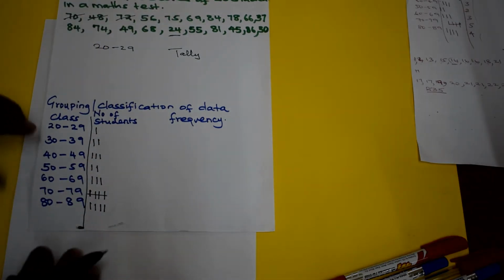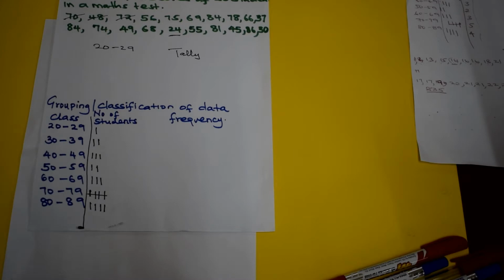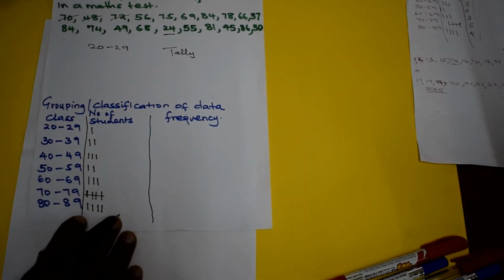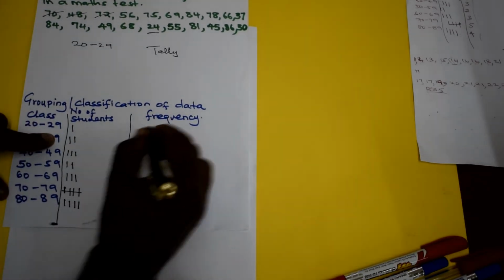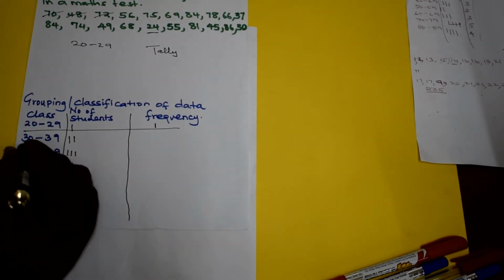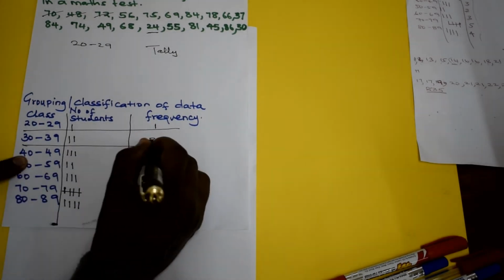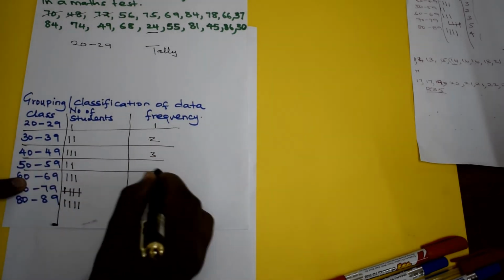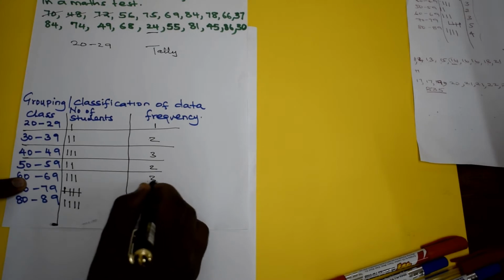So with this now, we can confirm our frequencies. For the frequency, we count what we have got from this. So in the first class here, we have 1. We just do the counting. This will be 2. Then this goes to 3. Then we have 2, 3.